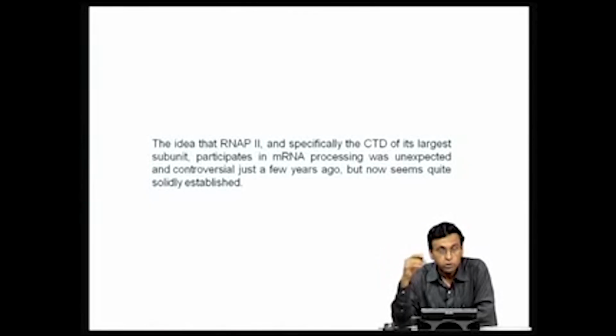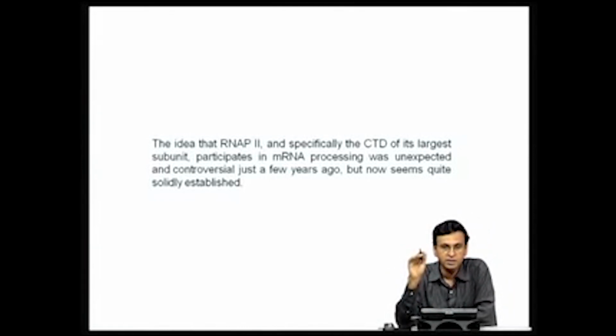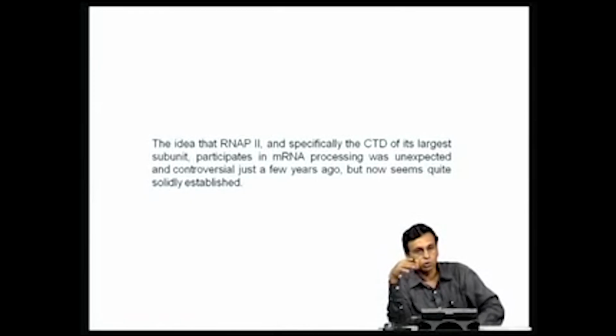So it took a lot of experimental evidence, biochemical experiments, in vivo experiments, cell-free studies, to convince people that all these processes are integrated. If you do not have the RNA polymerase CTD, not only is transcription initiation affected, but capping, splicing and polyadenylation are affected too, and to convince people that this is real, a lot of experiments needed to be done during the late 90s and early 2000s.